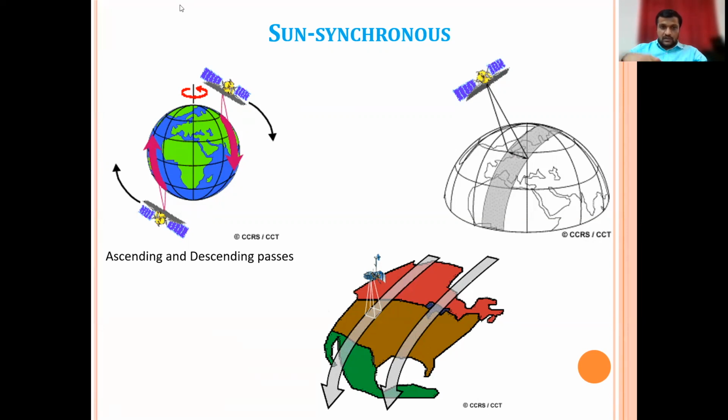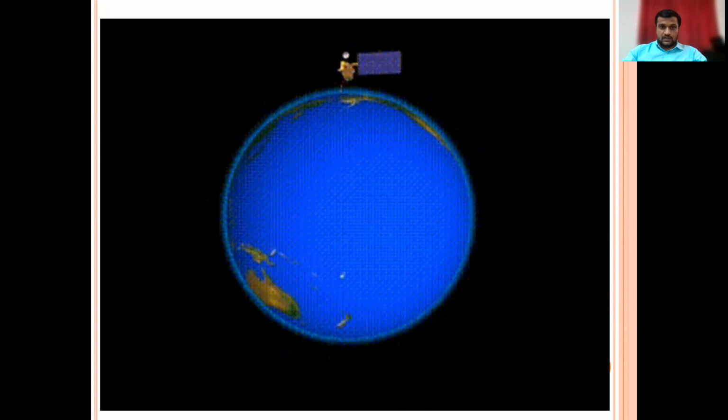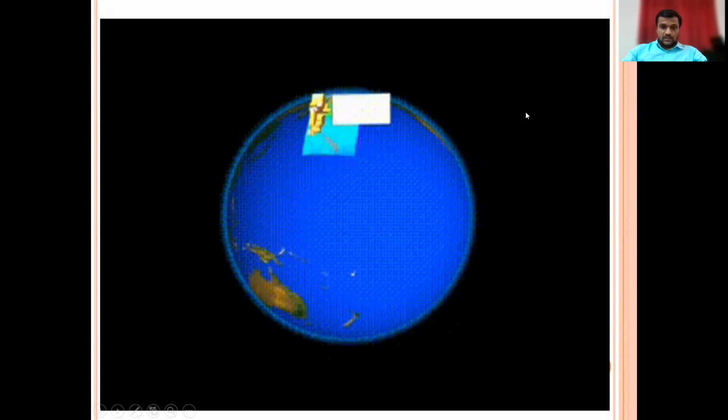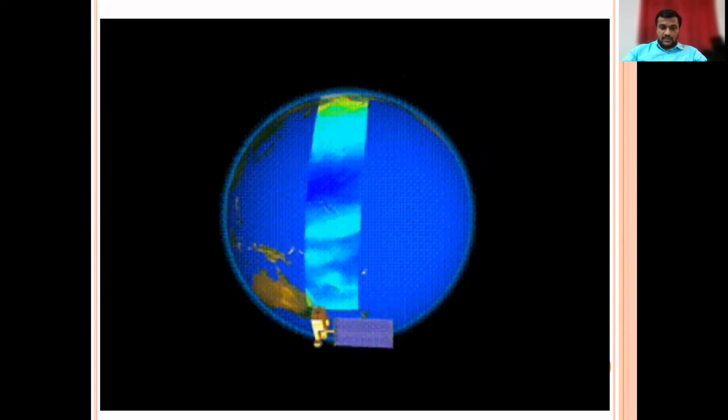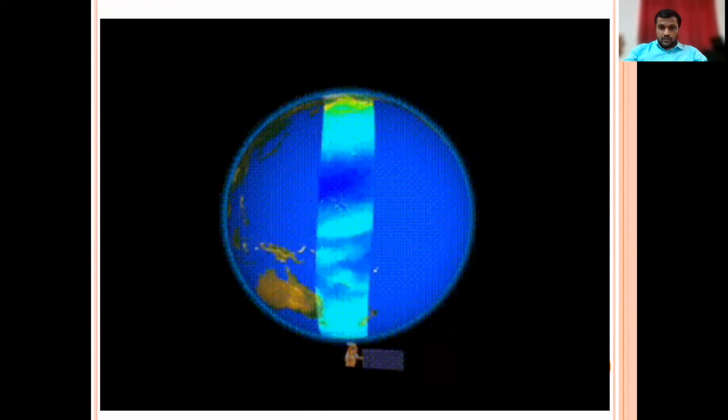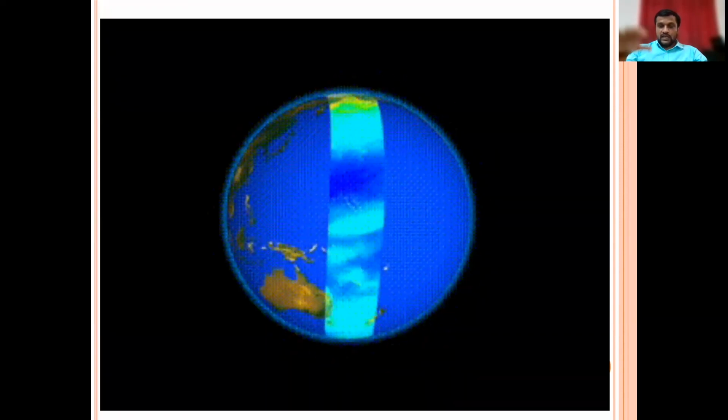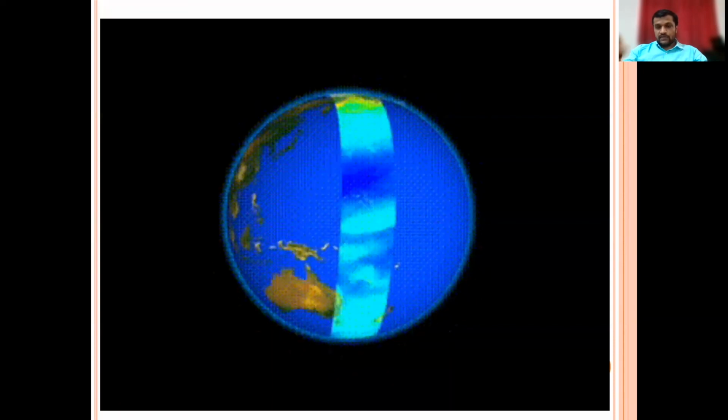So this is the way a remote sensing satellite travels and captures data from North Pole to South Pole over the Earth surface. This animation shows how these remote sensing satellites pass from North Pole to South Pole to capture areas on the Earth surface in different strips.